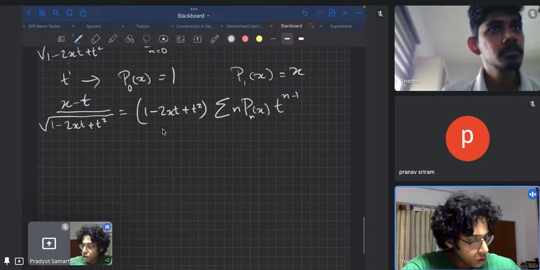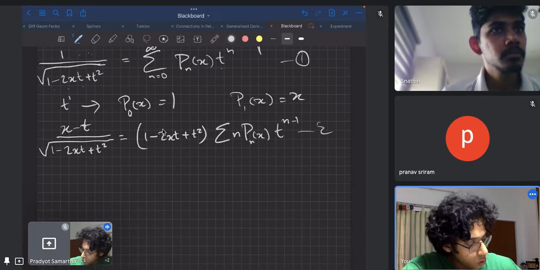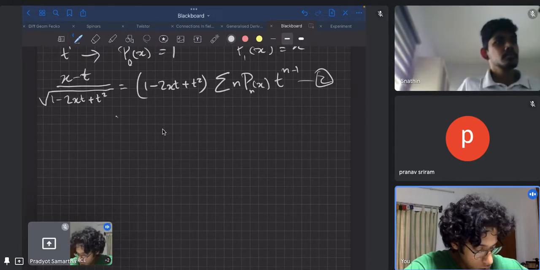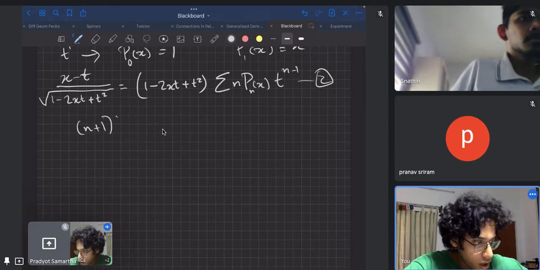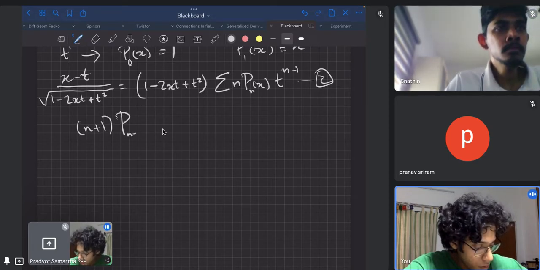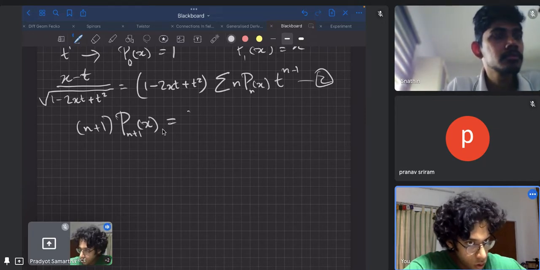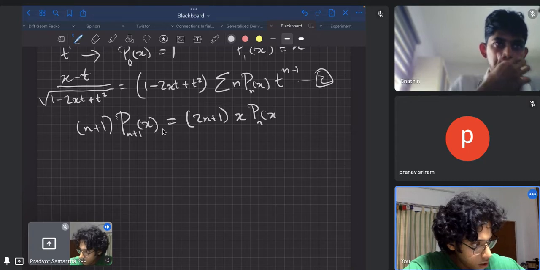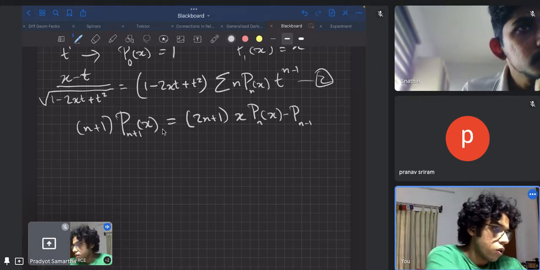Using these two relations, you arrive at this particular equation: n plus 1 P n plus 1 of x is equal to 2n plus 1 x Pn of x minus Pn minus 1 of x.